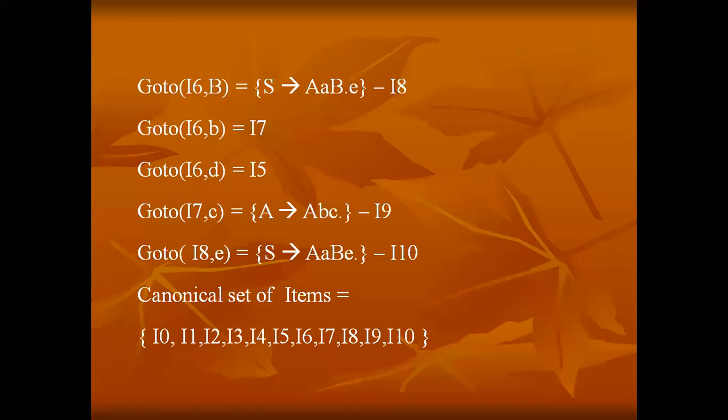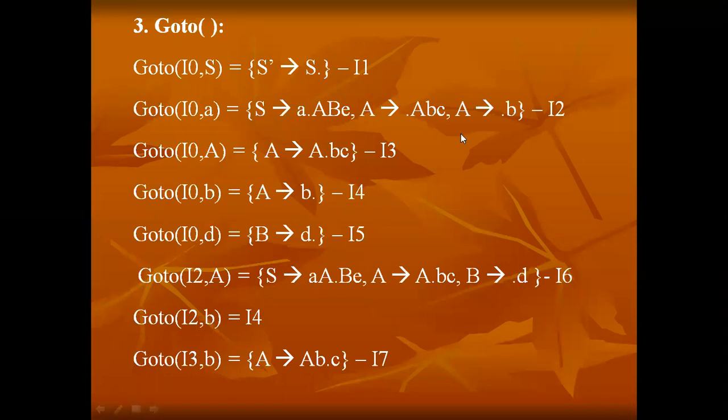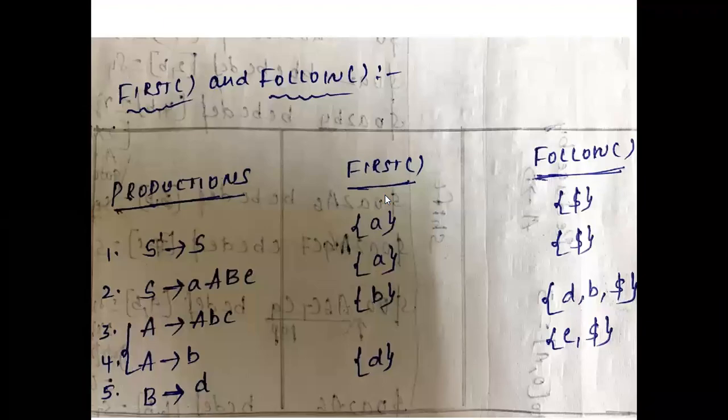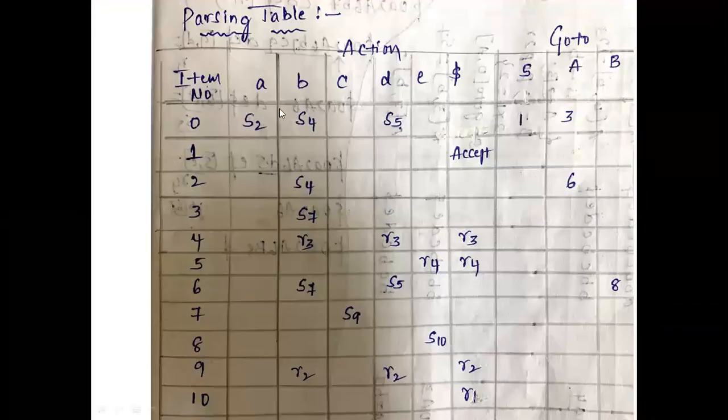Now please check it. I naught with A is I2 in the computation, but in the table at 0 with A it is S2. And at 0 with B it is S4. Why? Because in the computation 0 with B is I4, but it is changed to S4. We're not changing the number, just the alphabet.